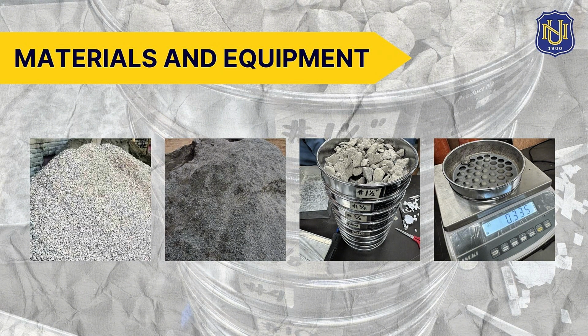Each piece of equipment plays an important role in ensuring accurate and reliable test results. The sieves are responsible for separating the aggregates into different sizes, while the vibrating stand helps improve the efficiency and consistency of the sieving process. The digital weighing scale is used to obtain accurate measurements before and after sieving.